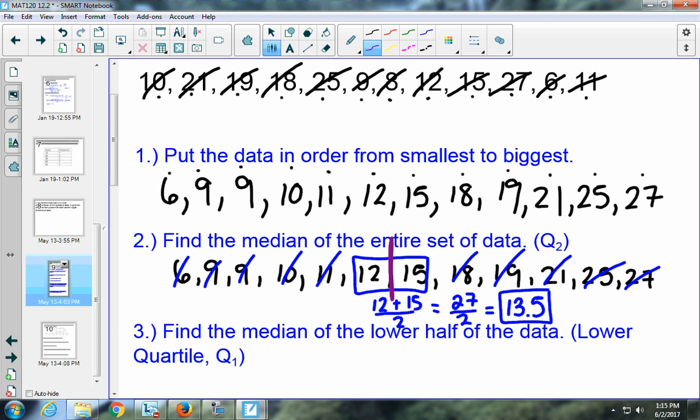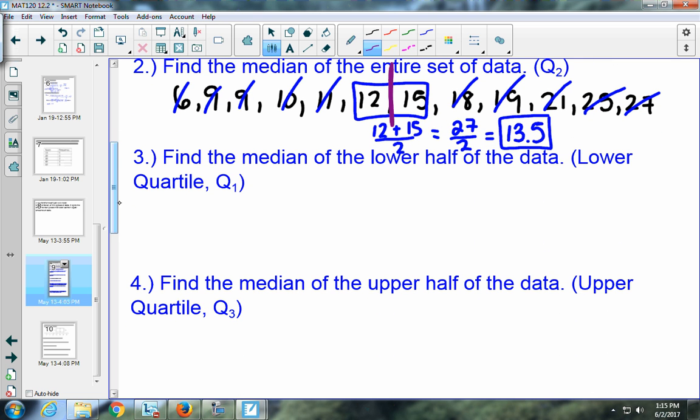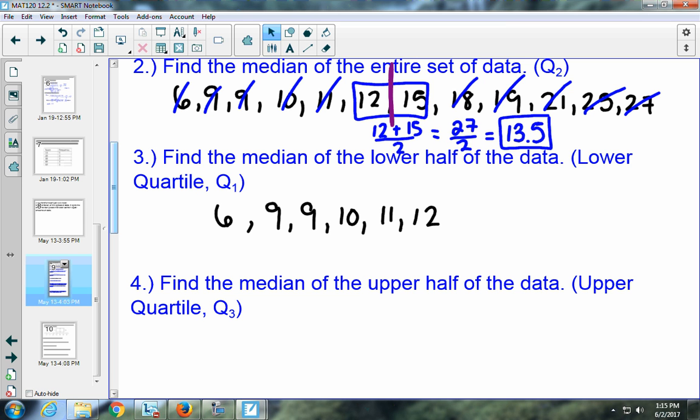Now, we need to find the median of the lower half of the data. The lower half of the data is all of the numbers below, but not including the median. So I list out my numbers 6 through 12 because those are the numbers below the median.